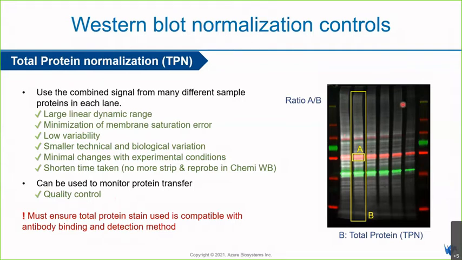If you see that the transfer is inconsistent or you have bubbles, it will be very obvious on this total protein image. There are many total protein stains available that can be used to stain gel and membrane. Normally they demonstrate lower variability and also give you cleaner data than housekeeping protein.